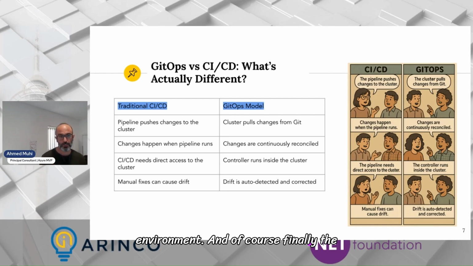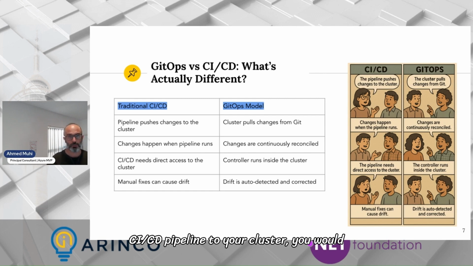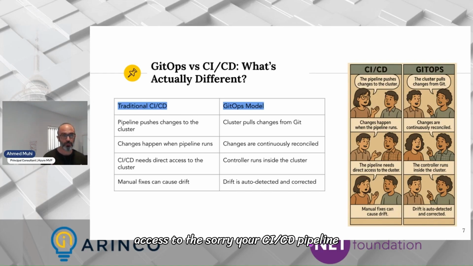And of course, finally, the other security aspect here is that when you want to push from your CI/CD pipeline to your cluster, you need to give your CI/CD pipeline access to the cluster, and that is a security risk because your CI/CD pipeline could be compromised.